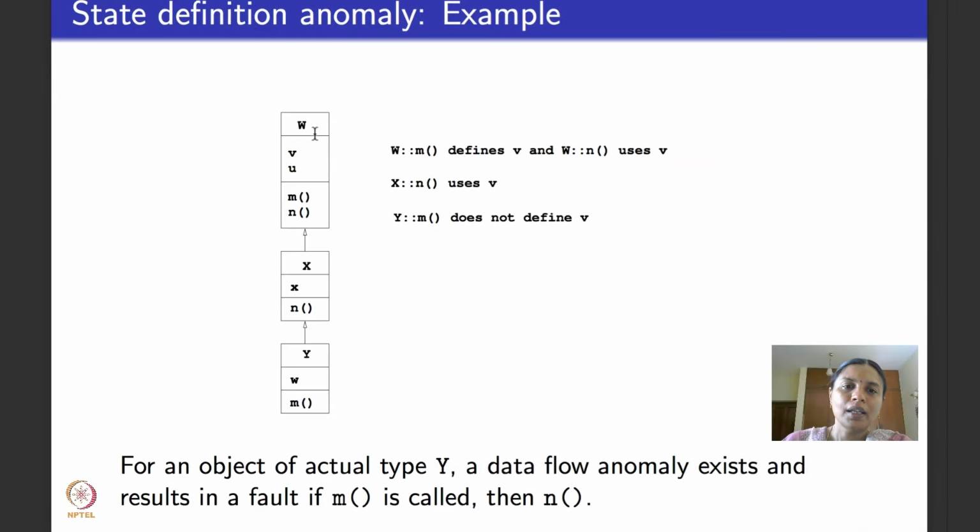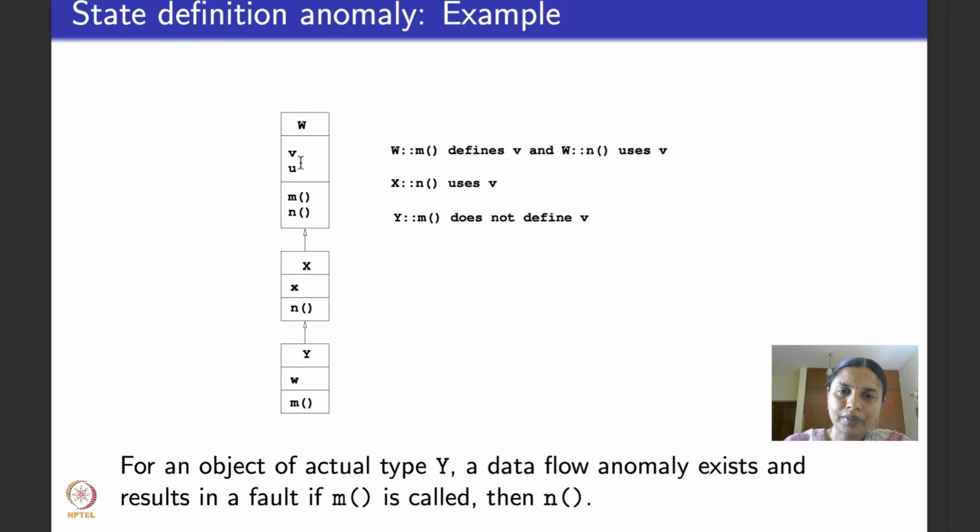Let's say there are three classes W, X and Y. So W defines two variables U and V and has two methods M and N. X has one variable small x and has one method N, and Y has one variable small w and has one method M. So this method M in W defines V, and this method N in W uses V.